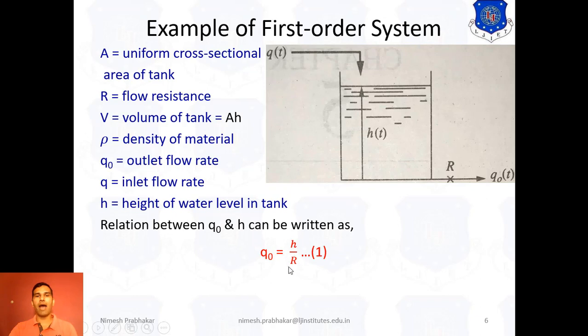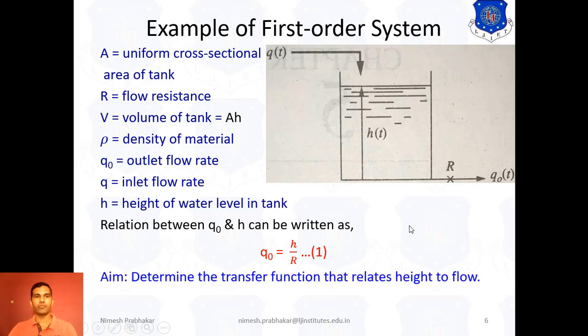And Q0 and R are inversely proportional. That means if the resistance to output flow is more, then the output flow rate is low, and if the flow rate is more, then the resistance value is less. So this is the relationship between Q0 and H.